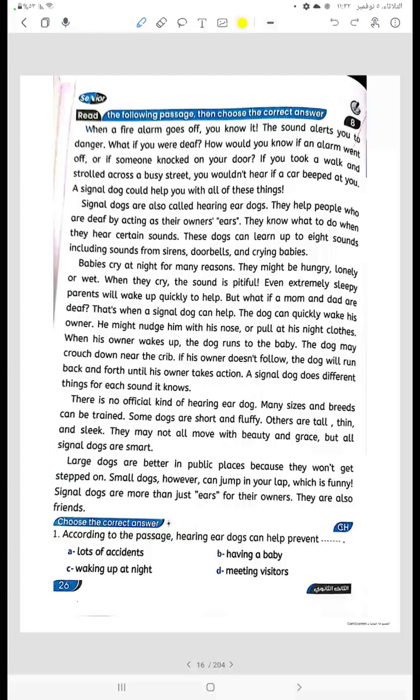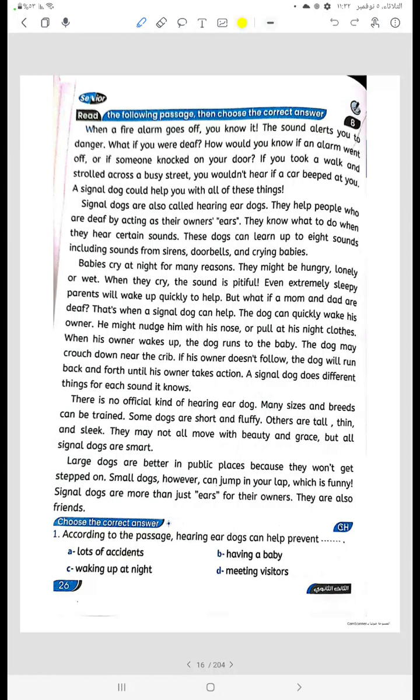The dog can quickly wake his owner. He might nudge him with his nose or pull at the night clothes أو ممكن يسحبه من لبسه. When his owner wakes up لما يصاحبه كده يستيقظ the dog runs to the baby.